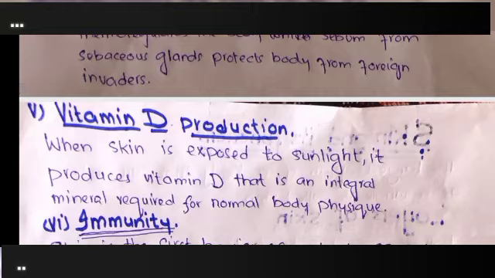Another function of skin is vitamin D production. How does it produce vitamin D? When any person sits under the sun, skin when exposed to sunlight produces vitamin D, and vitamin D is necessary for our bones.